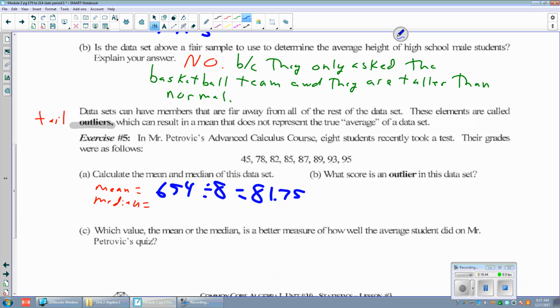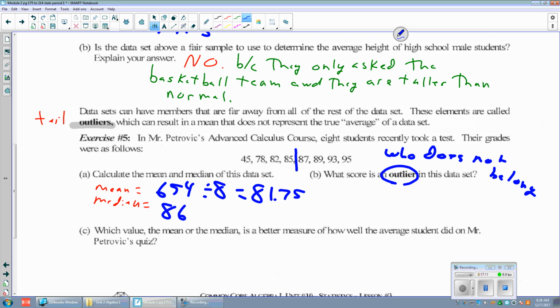Okay, what's the median? 86. Let's check. 1, 2, 3, 4. 85 plus 87 divided by 2 is 86. Good. What's the outlier? Who does not belong? Who doesn't belong?